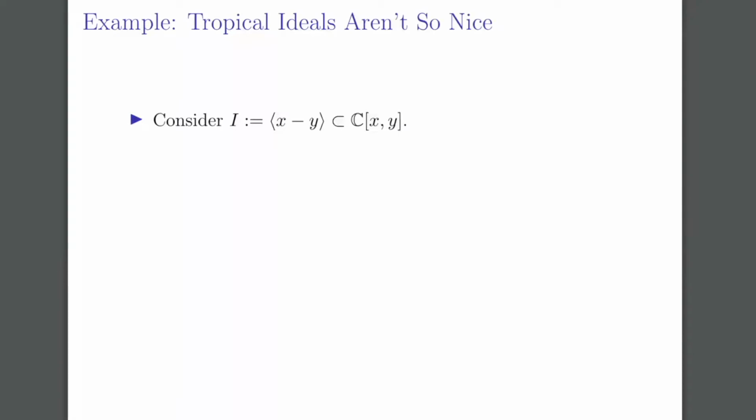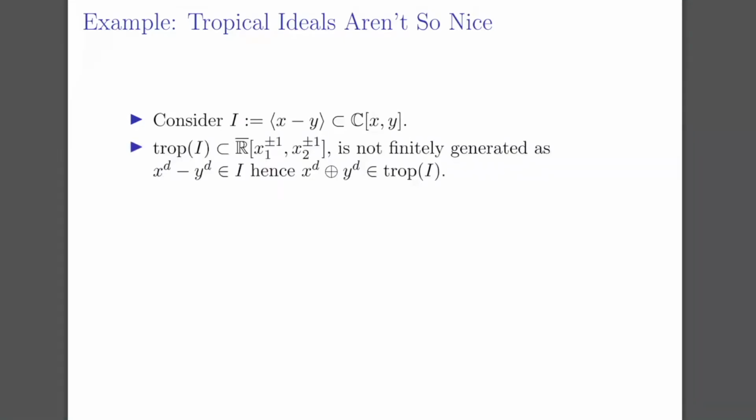Ideal I is a principal ideal generated by x minus y in a complex polynomial ring with two variables. This should be a reasonably nice ideal, and maybe we expect its tropical ideal to be reasonably nice. So let's consider trop(I) sitting in the tropical polynomial semiring with two variables.